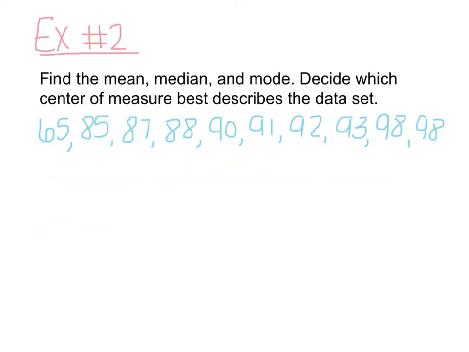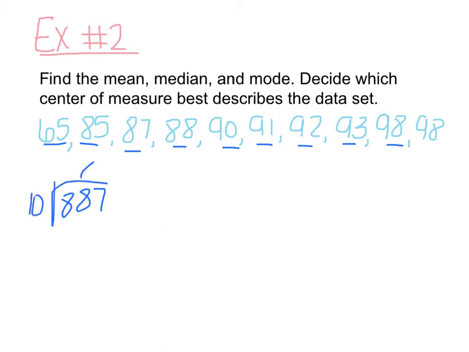And we're doing the same thing for example 2. The mean: add them all up, which equals 887. And then we divide it by how many numbers there are. There are 1, 2, 3, 4, 5, 6, 7, 8, 9, 10 numbers.